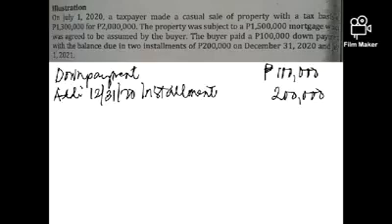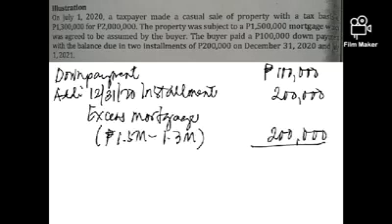The amount of the mortgage here is 1,500,000, while the tax basis of the property is only 1,300,000. So 1,500,000 minus 1,300,000 gives an excess mortgage of 200,000 pesos. That will be added as part of the initial payment.